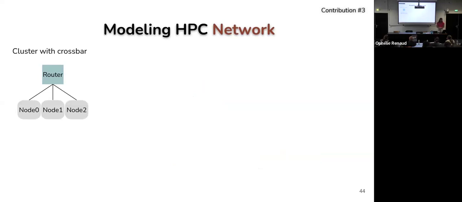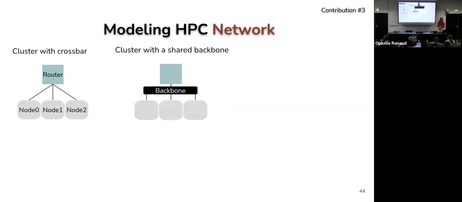The first network is a cluster with crossbar, which corresponds to a cluster where all nodes are connected to the same switch. Then a cluster with a shared backbone, where all nodes are connected to a central bus and share the same communication path.